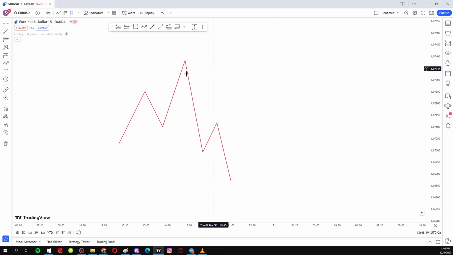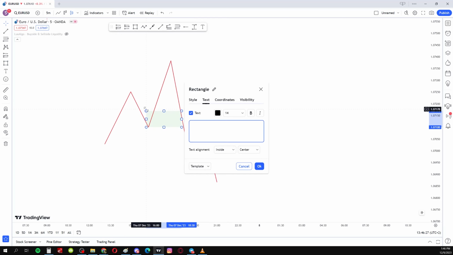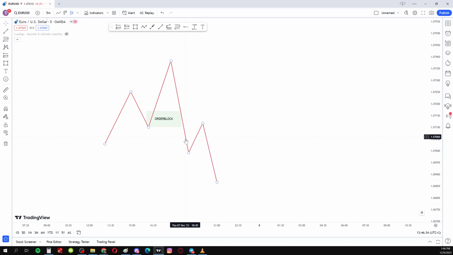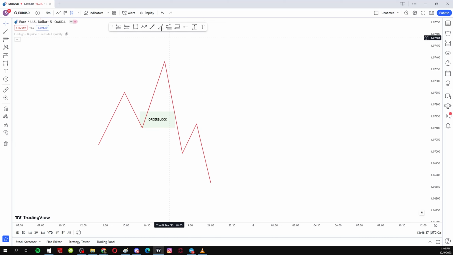So what we had initially here was an order block, but then the price went through it. And what the price had to do if it reacted from it, it should have made a new low, a new high. So basically, it failed to do what it had to do.